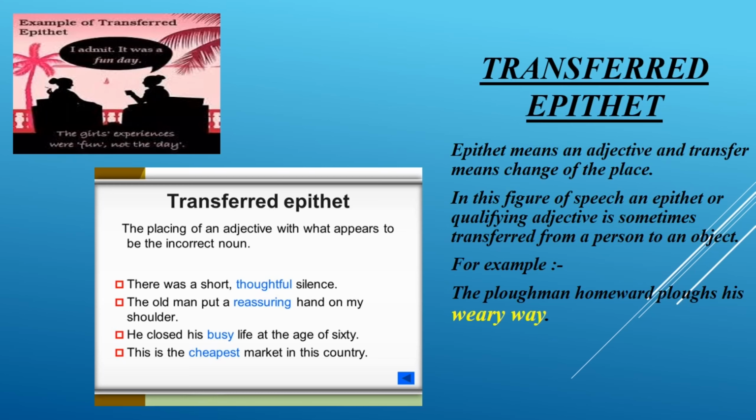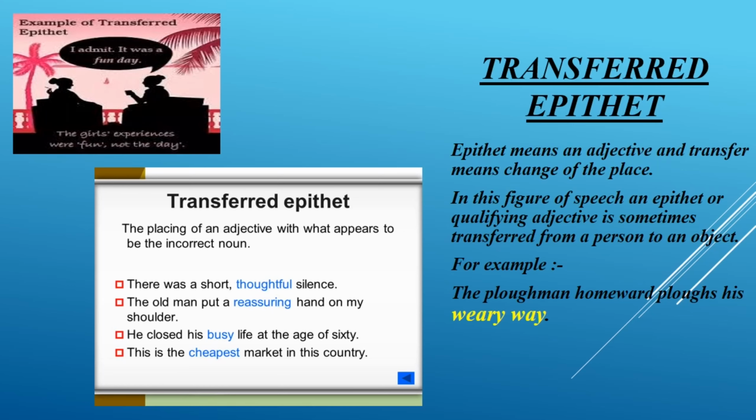But what has the poet or the writer done? He has shifted the quality, the epithet weary, from the ploughman to the way, the path on which the farmer, the ploughman, is walking. So the epithet or the quality has been transferred from the person to the object, and hence the figure of speech is a transferred epithet.